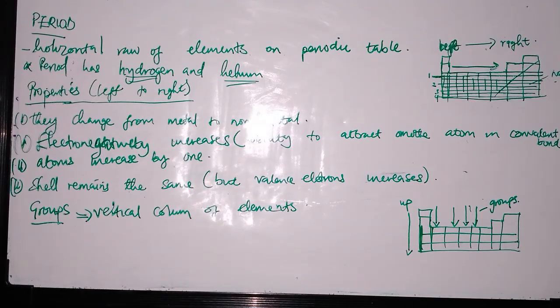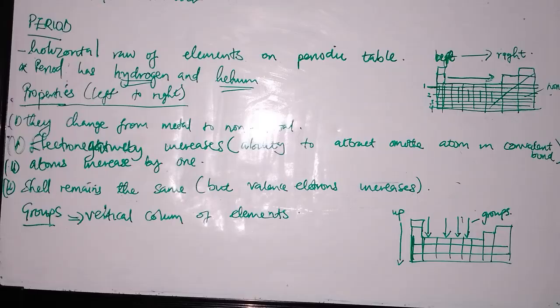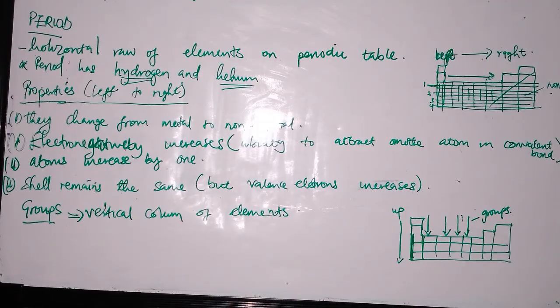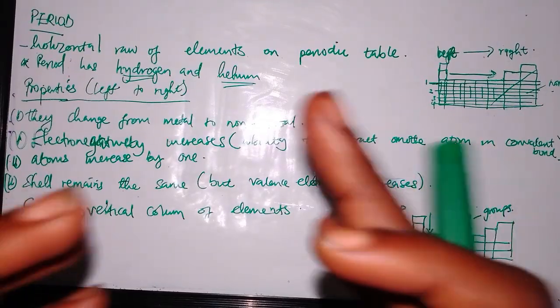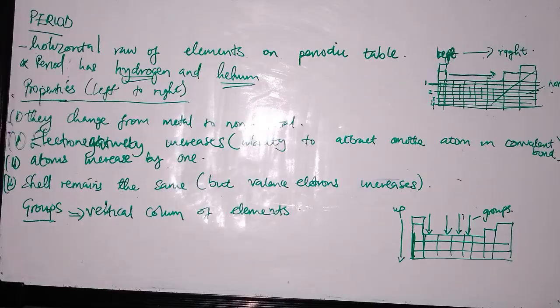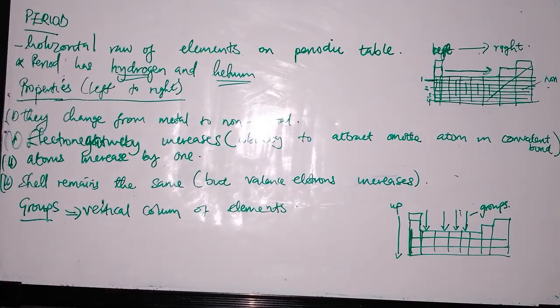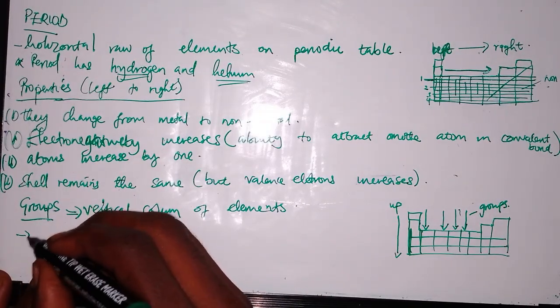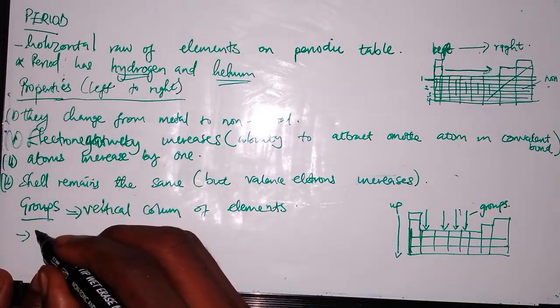So what are we saying? Since we are saying that groups are vertical columns of elements, basically what determines the group in which an element belongs is what is known as valence electrons, or electrons in its outermost shell.